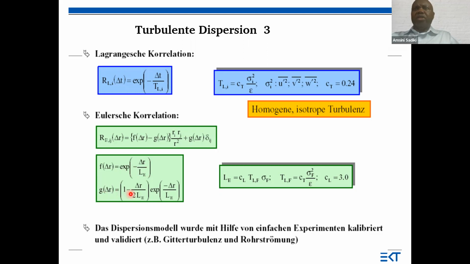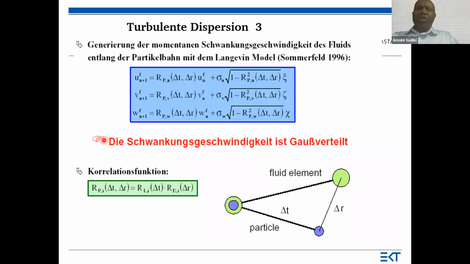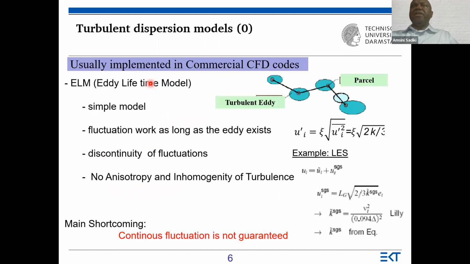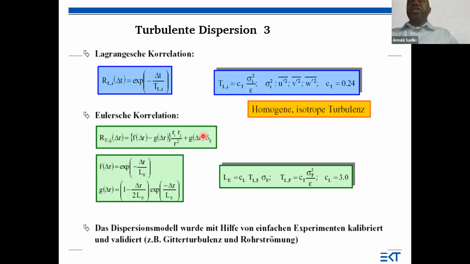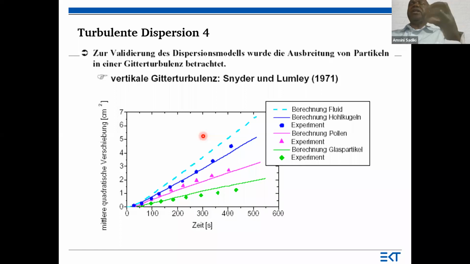If we put both together, we have this correlation, and this function, and we can put them here, and we get our fluctuation of the fluid phase at the location where we have the particle, so that we have removed this discontinuity, and we can track our particle, and also the influence of the fluid flow on the particle, in a correct way.